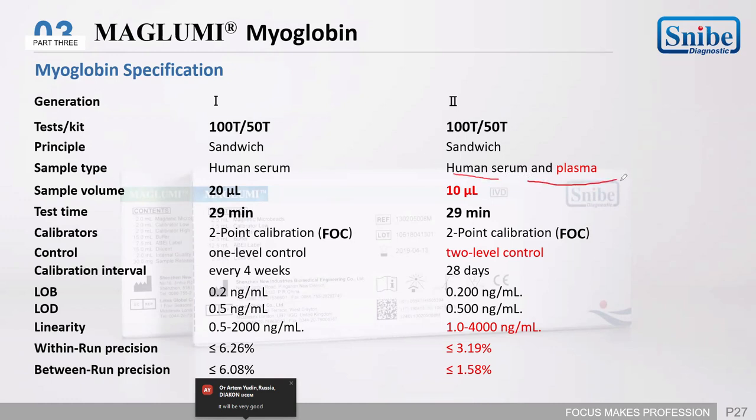Not only the serum, the plasma is also recommended, and all the sample tubes which are related to the plasma are also mentioned in the package insert as well. We also improved the sample volume from 20 microliter to 10 microliter. And the assay time is just 29 minutes.